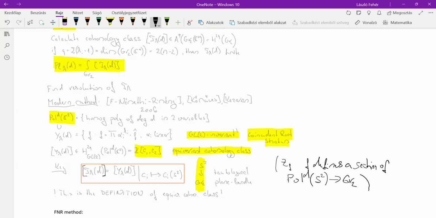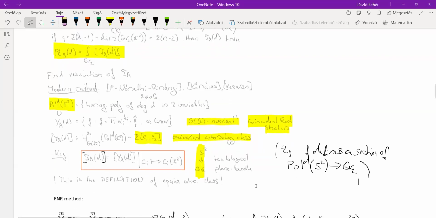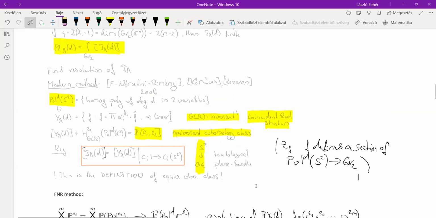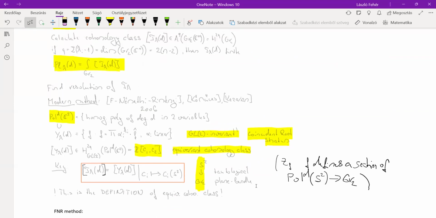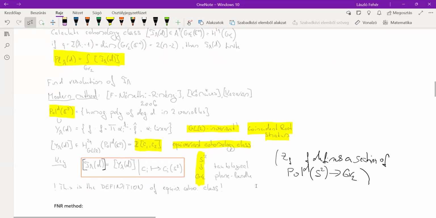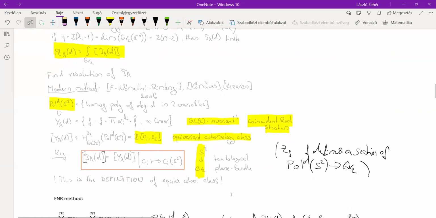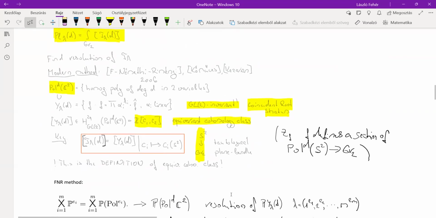And if someone doesn't know what equivariant cohomology is, well, I just defined it. If you believe me that there is such a polynomial, then this property uniquely defines the polynomial. So in some sense, our job is to give some nice formulas for these cohomology classes. In this classical paper written almost 20 years ago, we used a projectivized version.